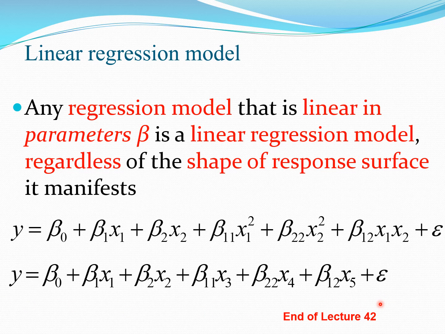So as far as response surfaces are concerned, they will all become linear in terms of betas. And if we have a set of points which are relating x to y, we can essentially find these betas so as to minimize the epsilon value. And that is going to be the least square method, which we are going to discuss in the next video.